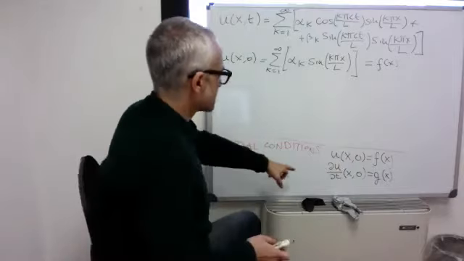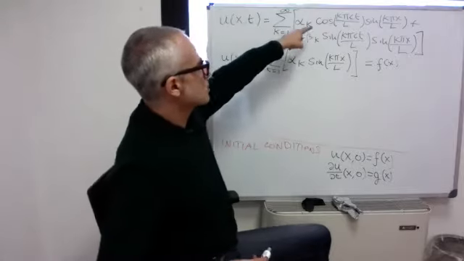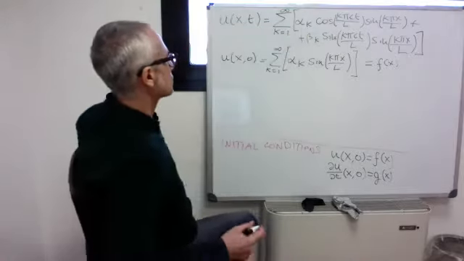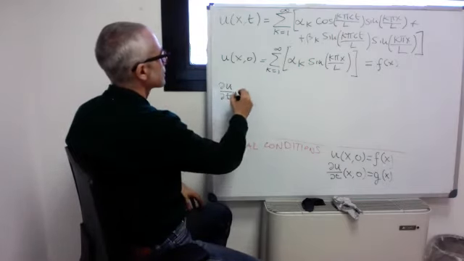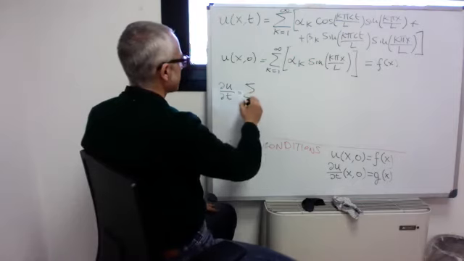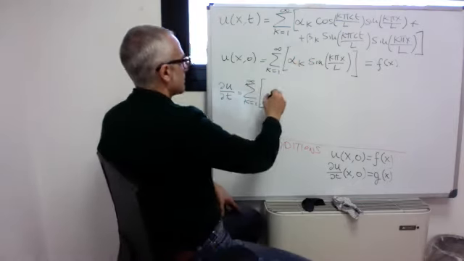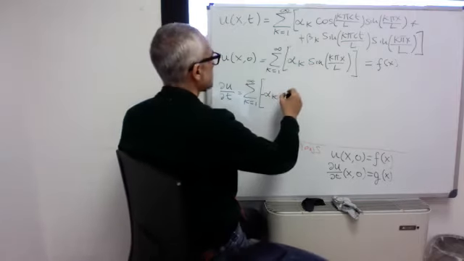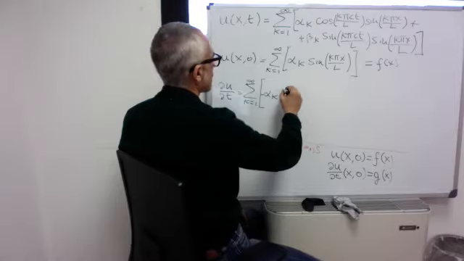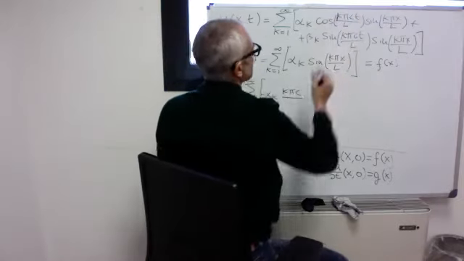Now let's think about the second condition, which is a bit more tricky, because we have to differentiate this with respect to time. So let's differentiate u with respect to time. What I get is alpha_k, the derivative of the cosine is minus the sine, and I have, of course, to multiply by everything that multiplies t in the argument.